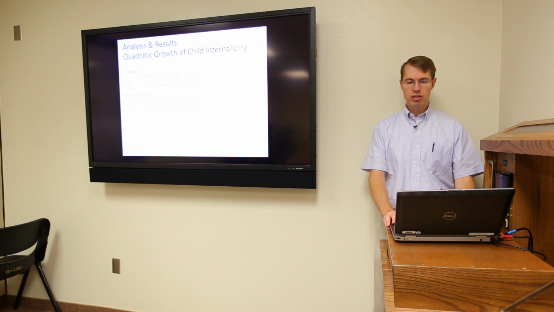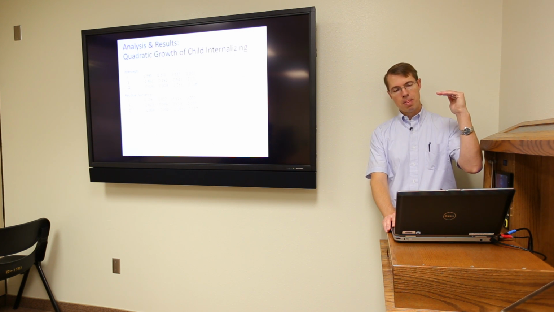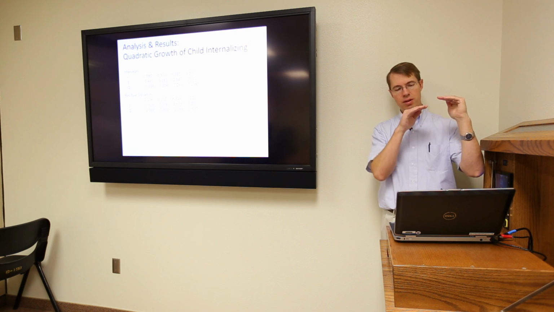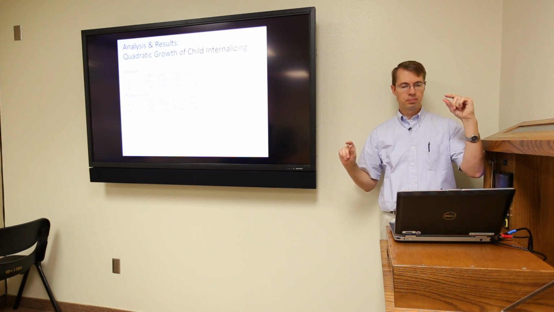In terms of interpreting, these are results from a growth curve of child internalizing behavior, where we see an intercept of 1.59, so let's say starting about right here, and then a downward slope of 0.46. So for every 1 unit change in time, the average level goes down by 0.46.